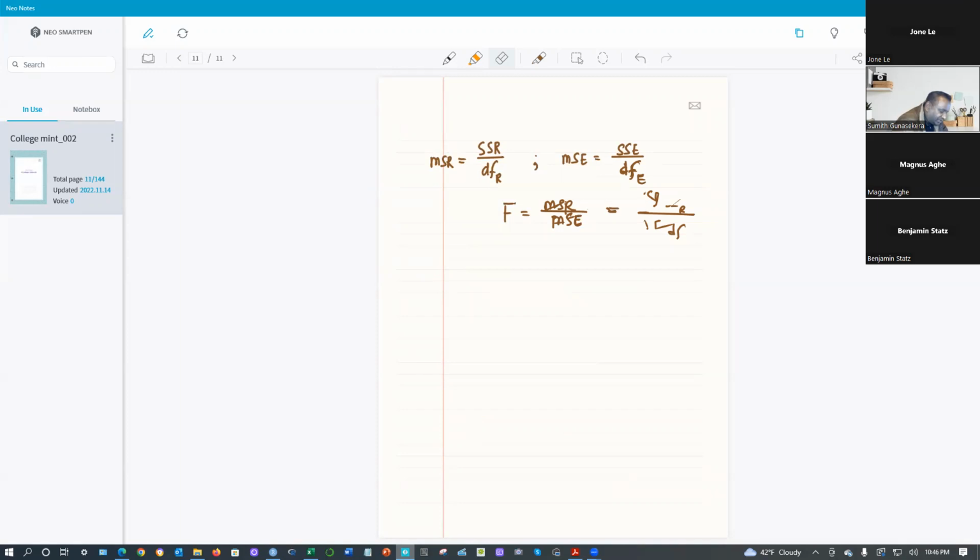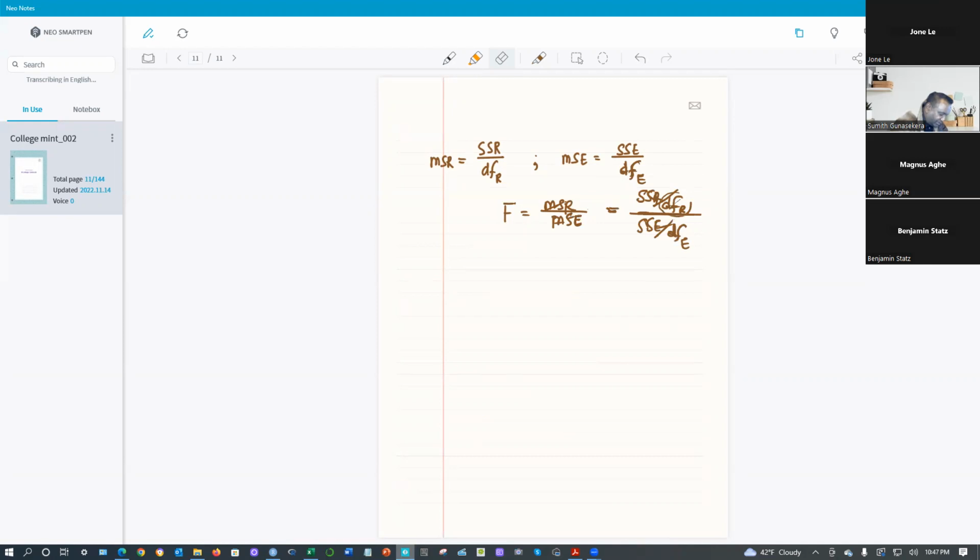And this is nothing but SSR divided by degrees of freedom of regression, divided by sum squared error divided by degrees of freedom of error. So this one and this one are the ones that are taken into account.